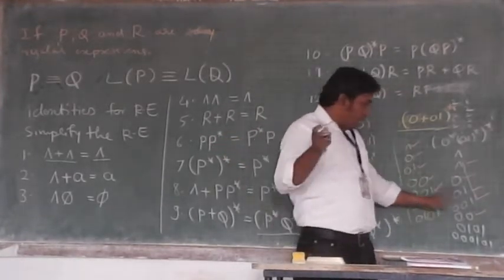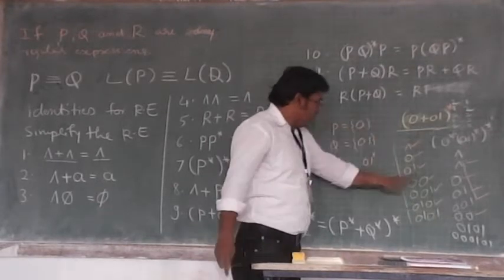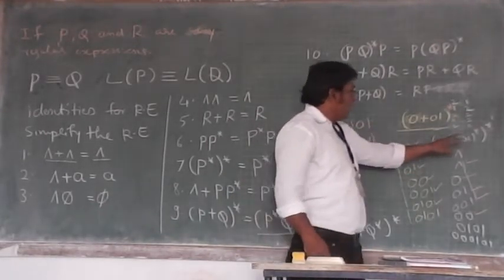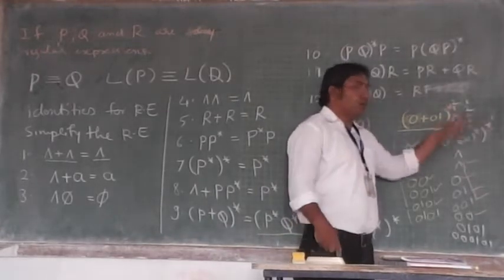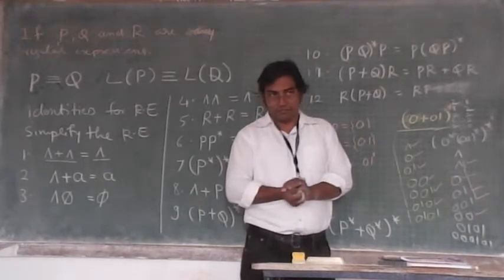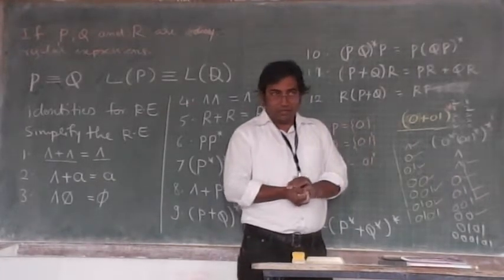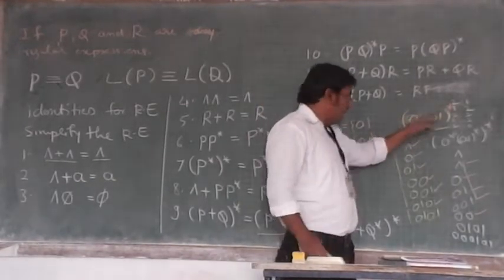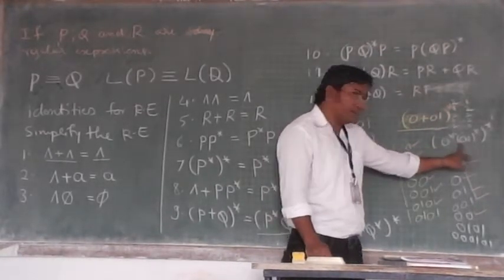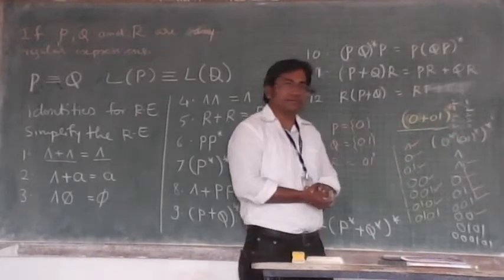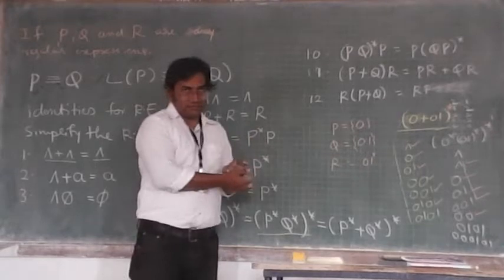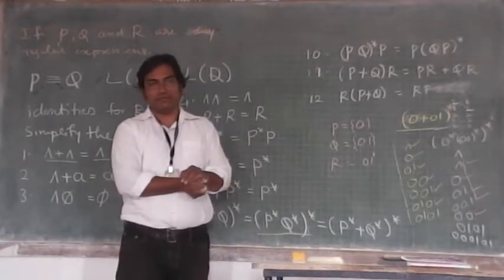So are you convinced that this particular regular expression 0 star and 0 1 star whole star is equivalent to 0 plus 0 1 whole star? All the strings generated by this expression are exactly generated by the other regular expression, by doing this simple verification.